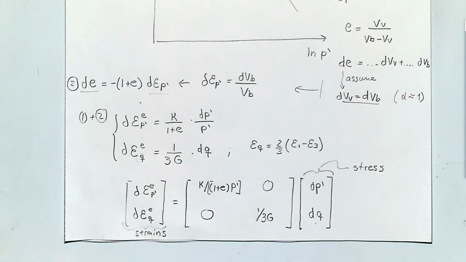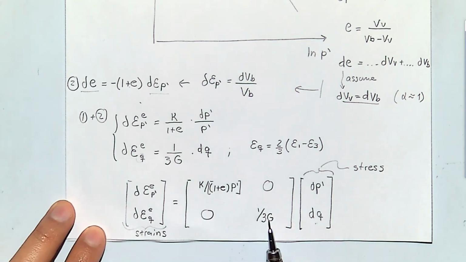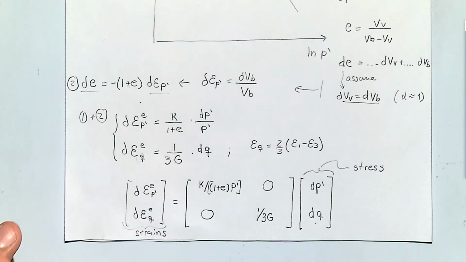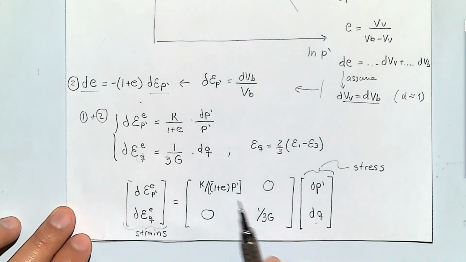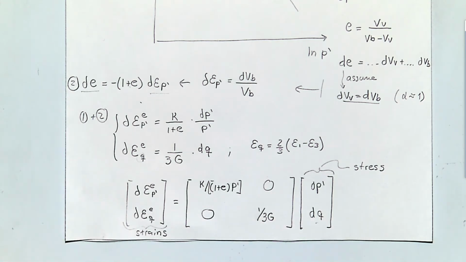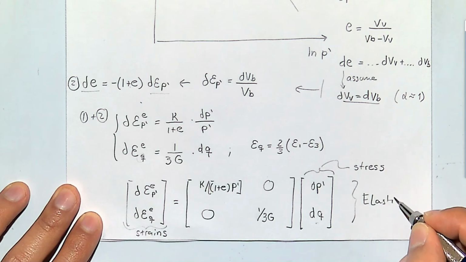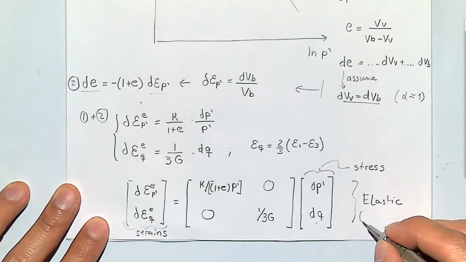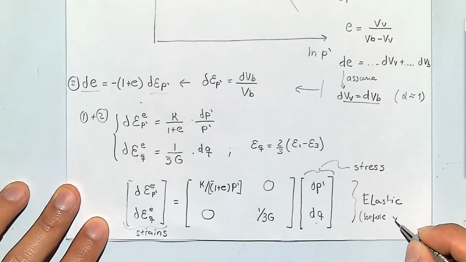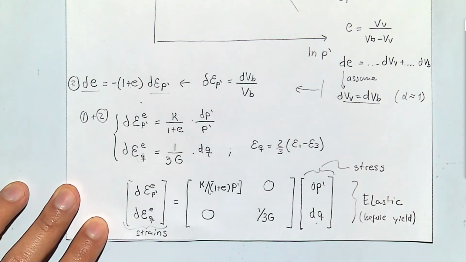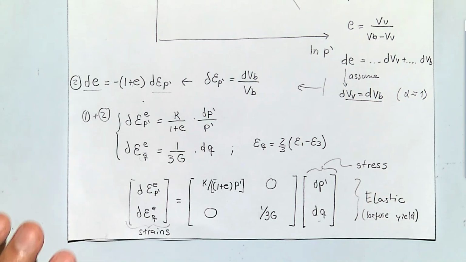They are not going to bother each other in terms of causing strains in another direction, because we are still in the elastic part. So remember, this one is for the elastic part before yield and before grains start to crush or grains start to roll on top of each other.